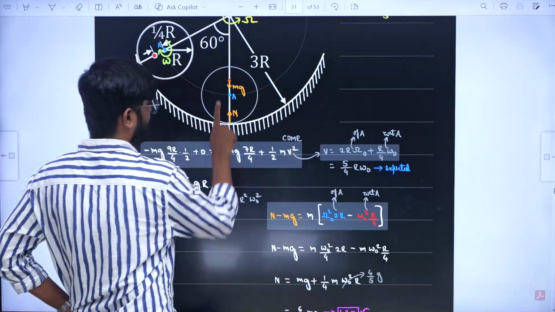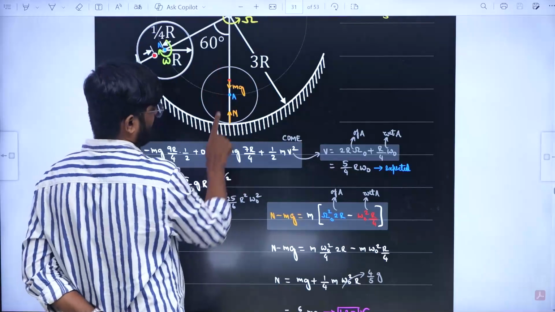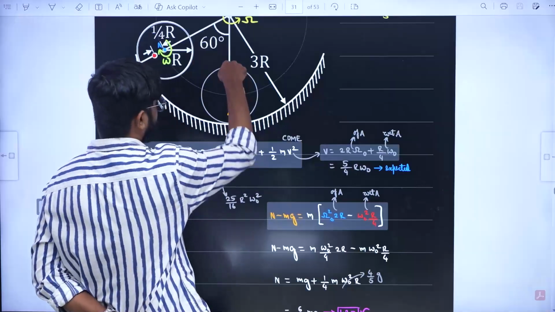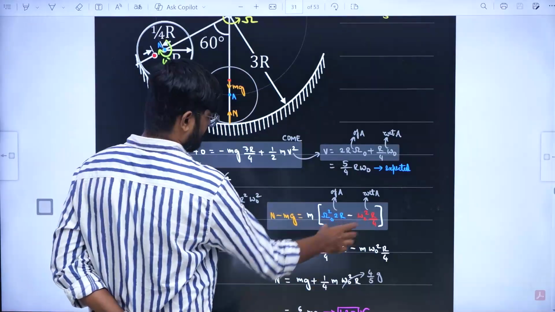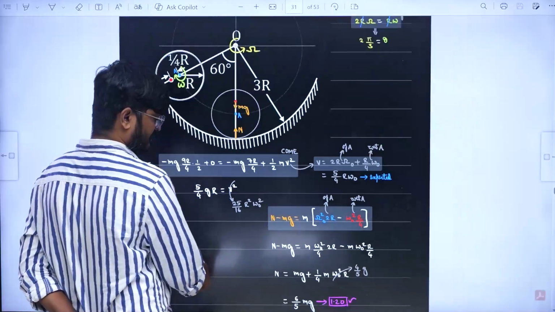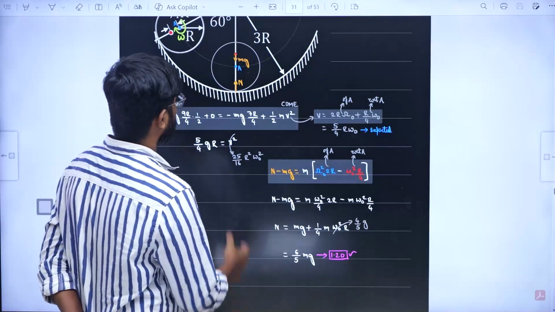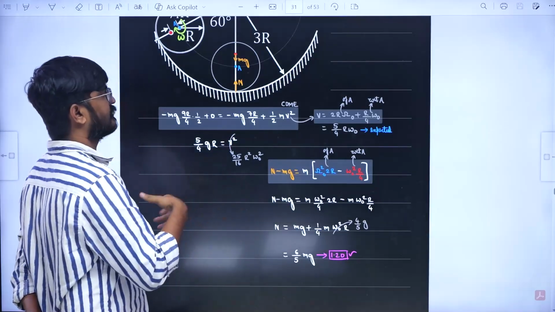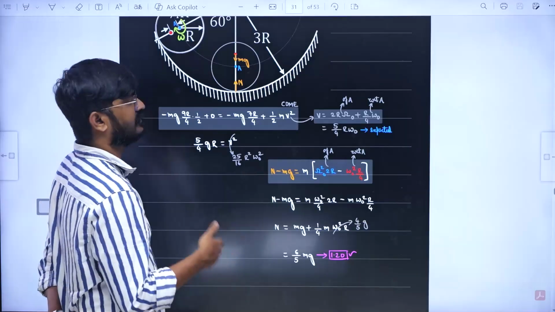Both are in the opposite direction, but we have taken net force in this direction, so we will write acceleration in this direction. Acceleration of A in this direction, acceleration about A in this direction. Then we know all the values, it is just about substitution. Energy conservation, pure rolling constant, and looking at the acceleration as acceleration of some good thing which we know and acceleration about that good thing.